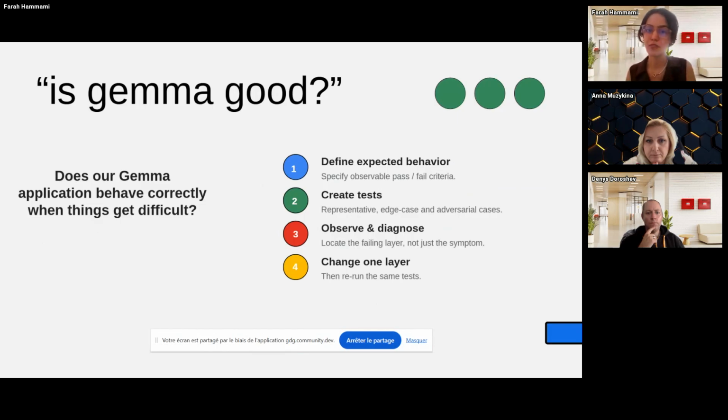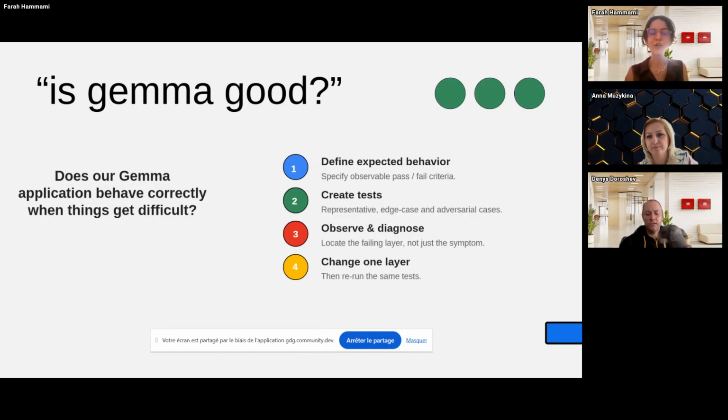And later, if we have a bug, which is always the case with AI, we have to rerun the same tests. We have to think of AI as really a stochastic field. We cannot run something that works perfectly fine immediately. This is never the case.